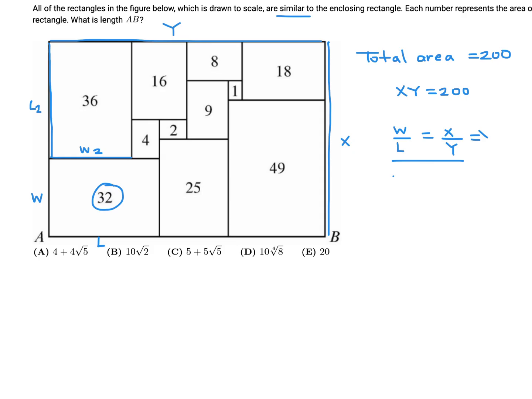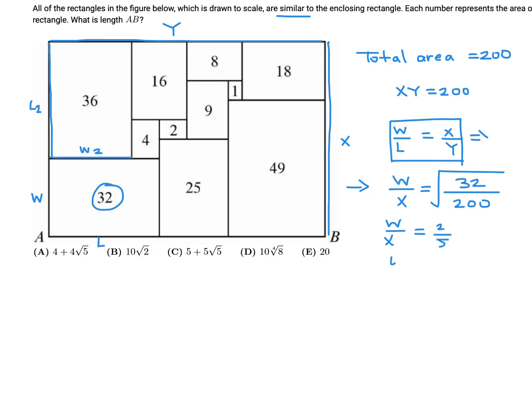It would be, for example, the width of the small guy over the width of the big guy would be the same as the area of the small rectangle over the area of the big one, but the square root of that. That is correct. Yeah, I think this part is fine, but then when you compare the areas, you have to make it into this format. So that basically means that W over X is 2 over 5. So W is equal to 2 over 5 times X.